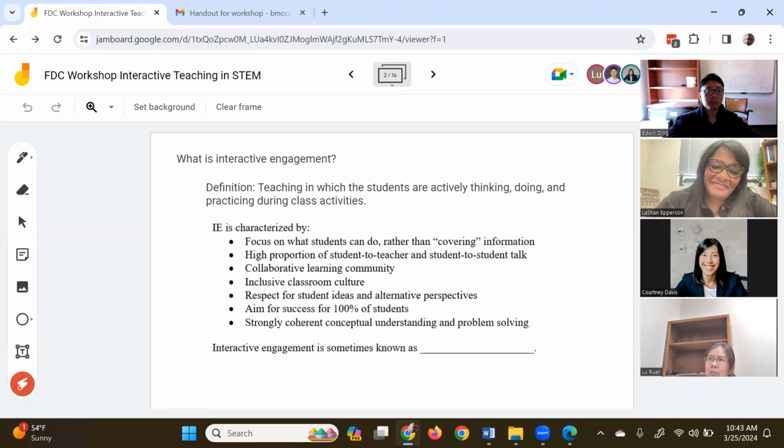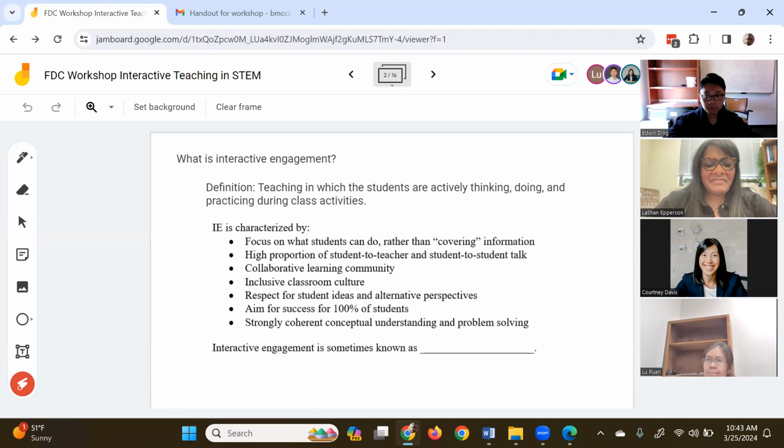So down here we've got some of the key features of interactive engagement, and I'm abbreviating here. It's more focused on what students are able to do with the information they have, not just about transmitting information to them. So we definitely have a long history of teaching as transmission of information. The need for that is less now than it used to be because we have information just much more readily available for students. So they can get the information from places other than us as the faculty members.